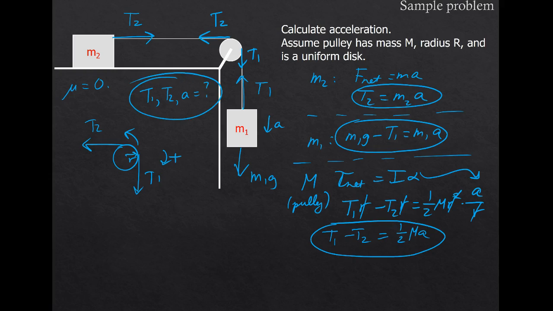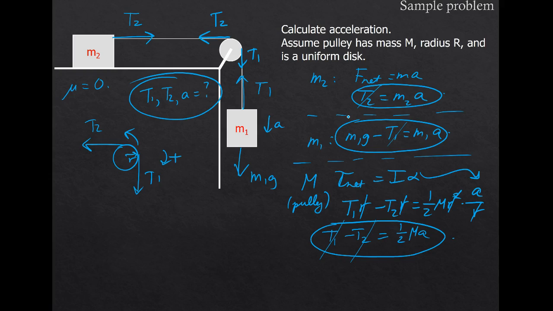Now if we're going for the acceleration to begin with, then what we want to do is to add these three together. And you're going to see that on the left side, we are going to have some cancellation. Okay, T1 is going to cancel with this one, T2 will cancel with that one.